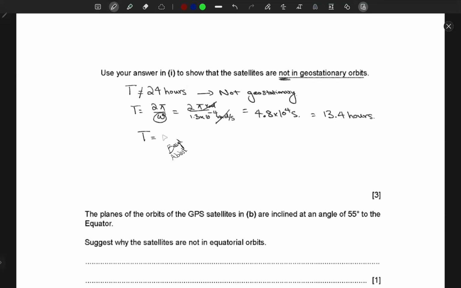Now the time period for this satellite is 13.4 hours, which is obviously not equal to 24 hours. 24 hours is what defines geostationary. So this is not equal to 24 hours, hence it is not geostationary. So that's the answer to this.